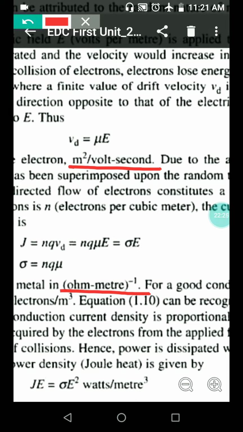These two points and these two equations are important, right? So conductivity: the equation is J equal to sigma E bar. Sigma is nothing but conductivity, unit is per ohm meter. Mu means mobility, to move freely and easily. Vd is equal to mu E bar, right?